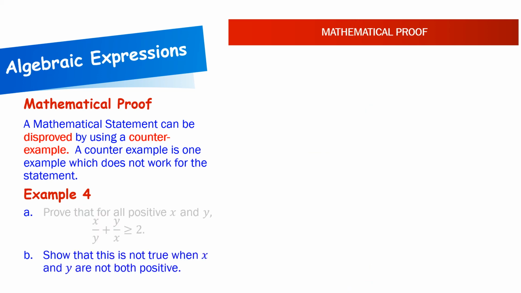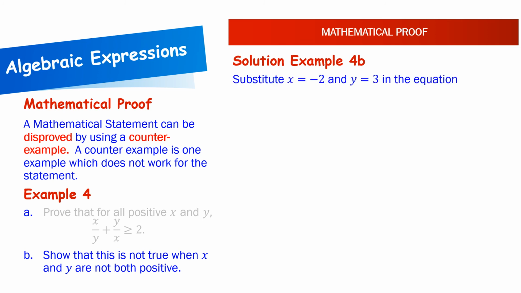Now part B asks us to show that this is not true when x and y are not both positive. Let's solve this. Let's try x equals minus 2 and y equals 3 in the equation. So we have x over y plus y over x is greater than or equal to 2. Substituting on the left-hand side gives us 5 over 6.